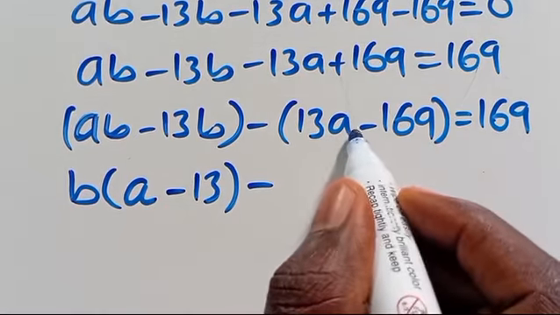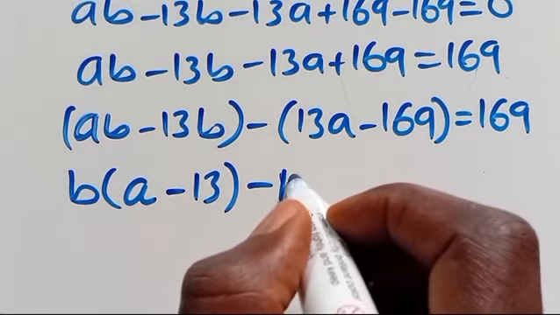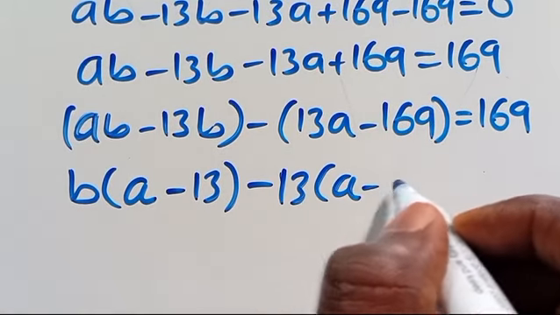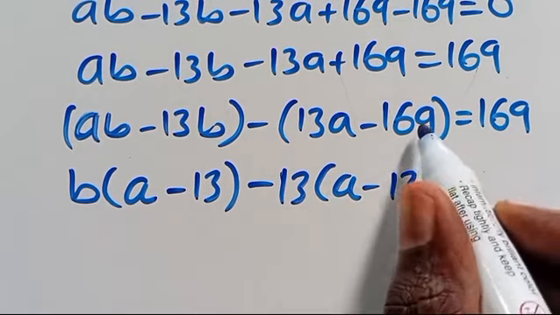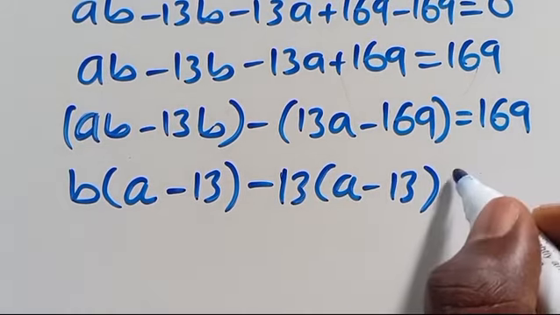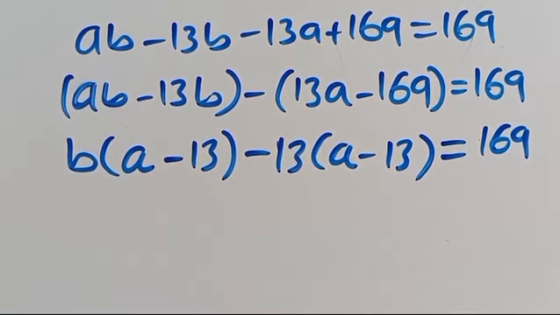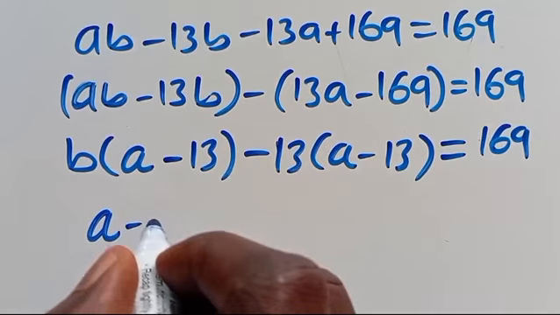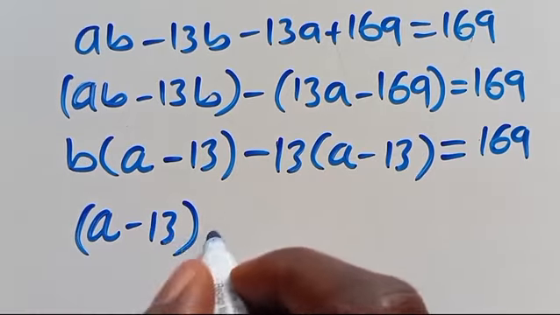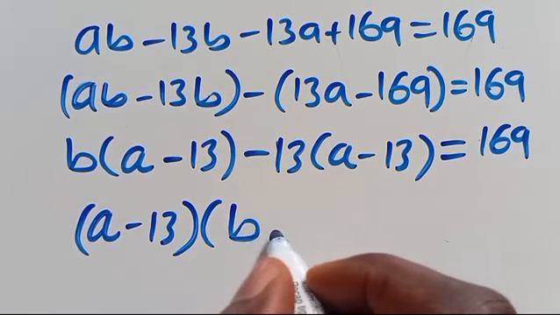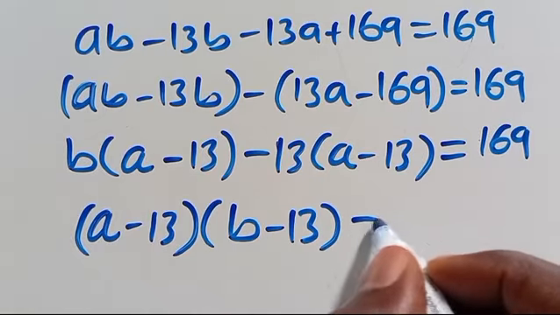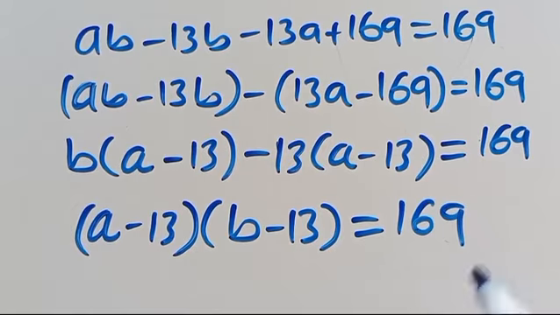What is common between these is 13, a minus 13. 169 divided by 13 gives us 13, equals 169. A minus 13 is common. We can have this as a minus 13 times b minus 13 equals 169.